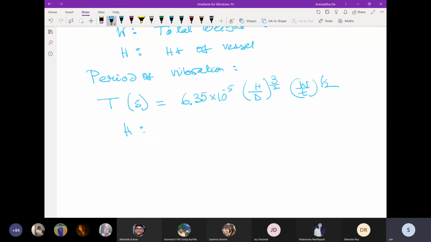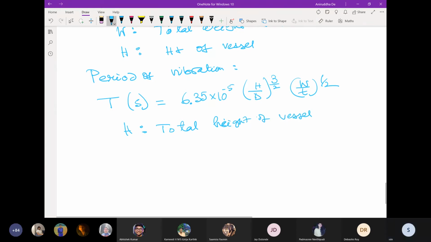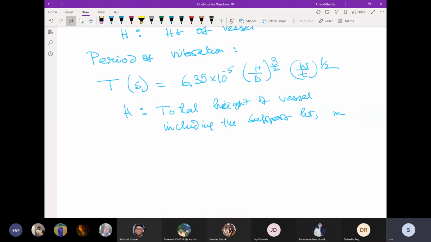So h is the total height of the vessel including the support height in meter, because this is a dimensional correlation.